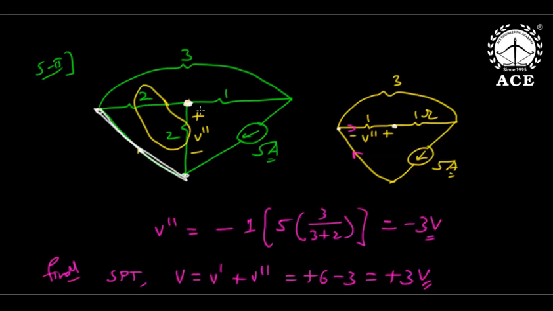Next, sir. If I am making that 2 volt parallel, and 3 ohm is parallel to 5 ampere, and this is reduced to 2 ohms and 3 ohms, all are parallel.